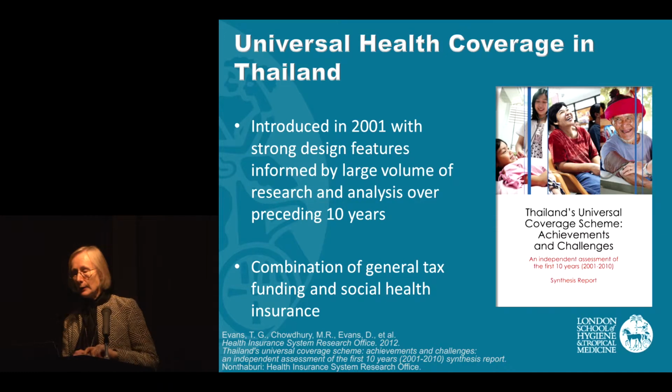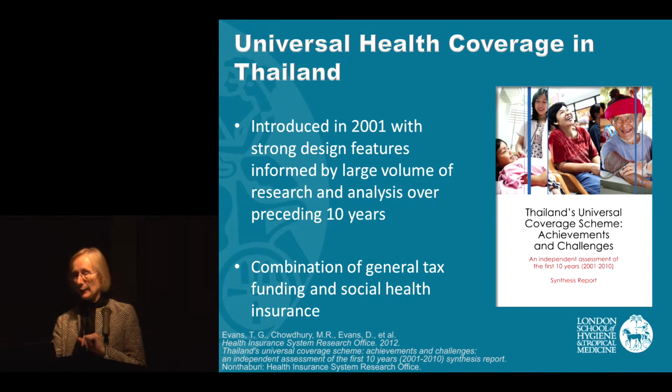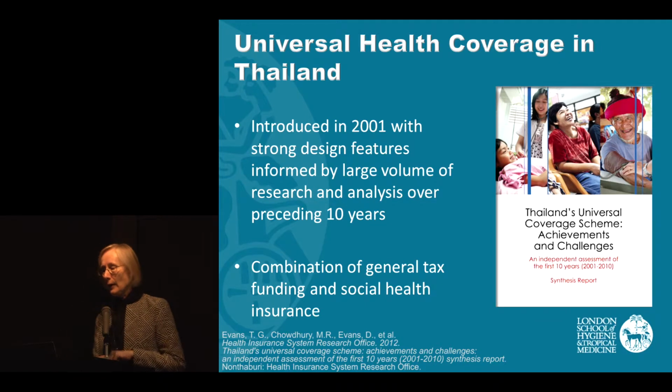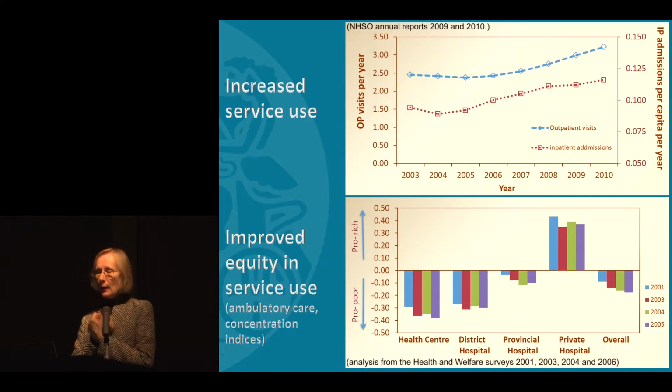So I was part of this independent assessment of the first 10 years of universal health coverage, and just to show some of the evidence from some of the achievements in Thailand. So universal health coverage has clearly led to increased service use. The upper line there is outpatient visits, the lower line inpatient admissions over the period from 2003 to 2010.